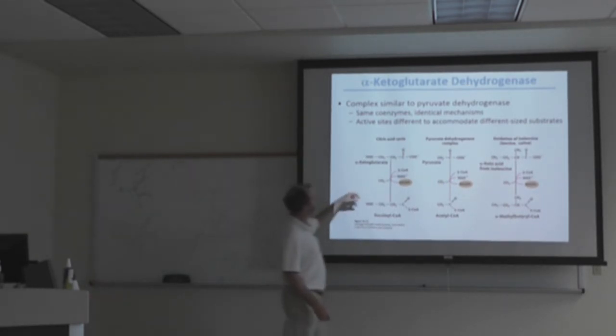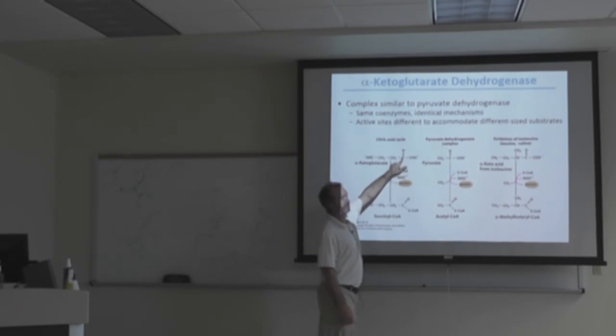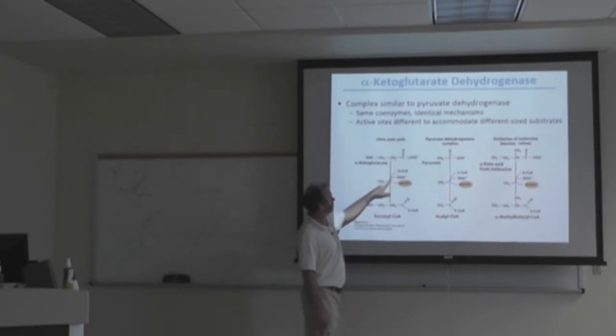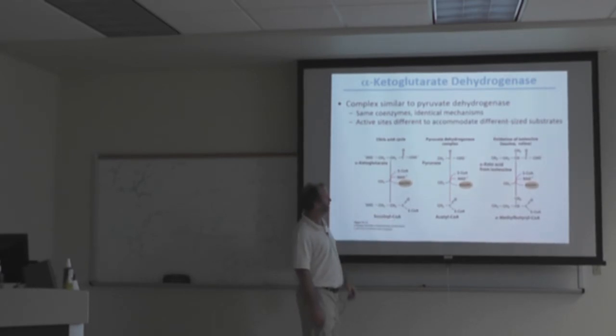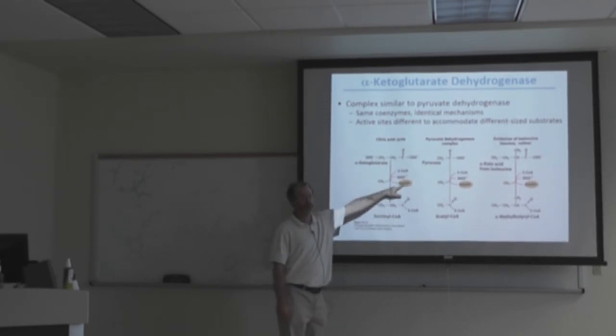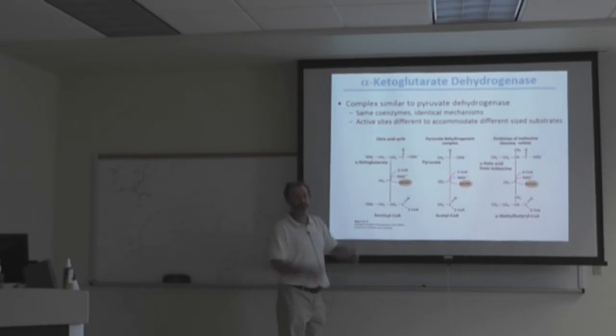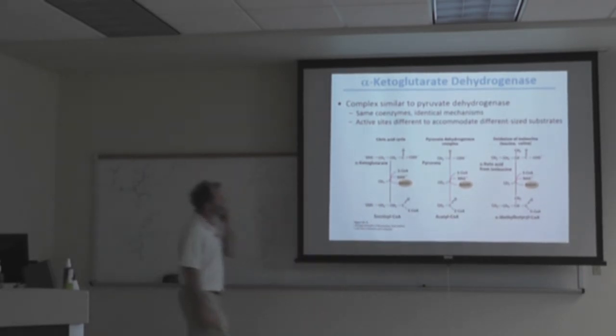That carbanion attacks the keto group, causes decarboxylation of this, and then lipoic acid picks it off of the thiamine pyrophosphate, and then that transfers it to coenzyme A, forming succinyl-CoA. And then the NAD gets the electrons, regenerating the lipoic acid.